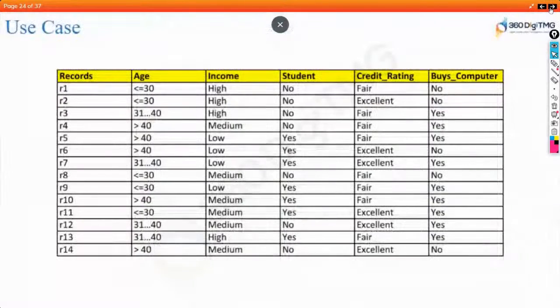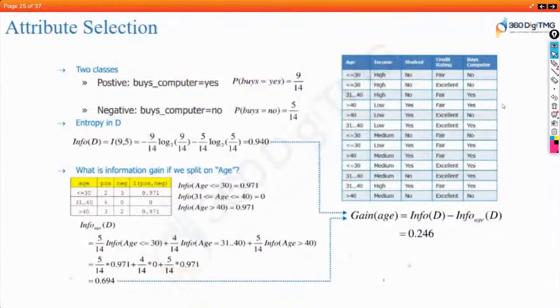And we do a difference here between before the partition and after the partition. And we get this result, right? If I am partitioning the data using age, then how much information am I able to gain? More the information I'm able to gain, better the partition.